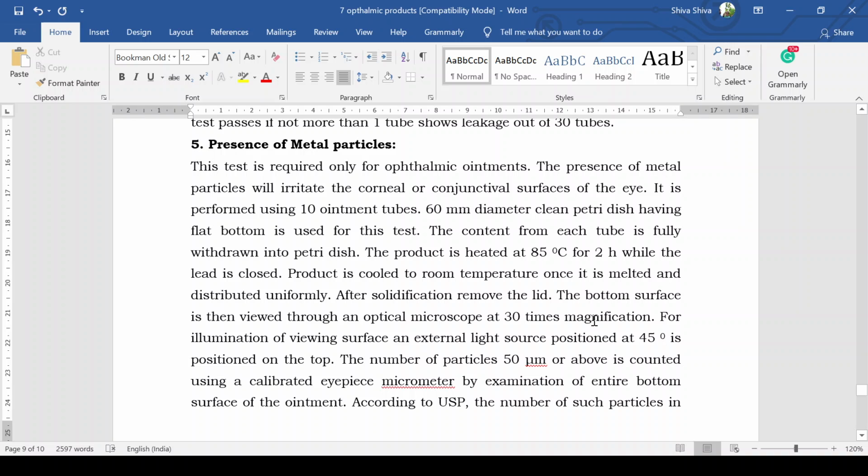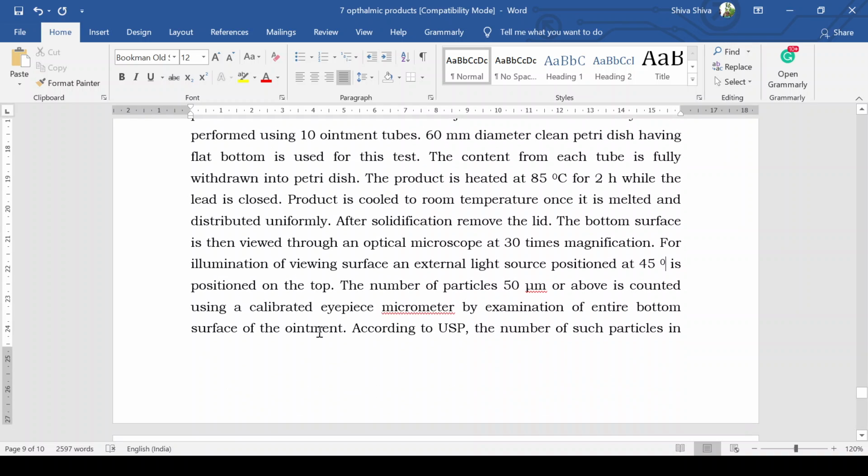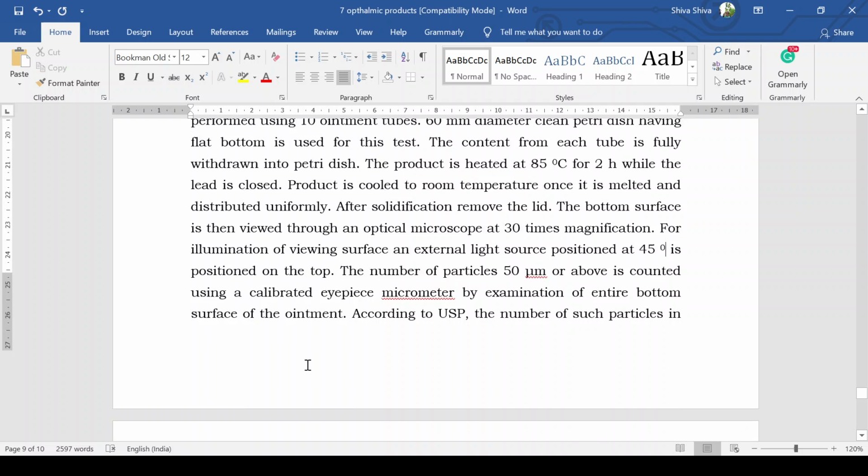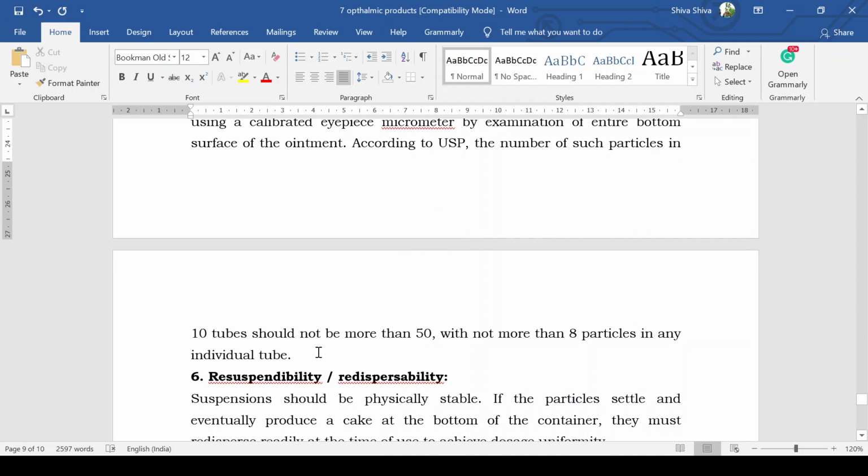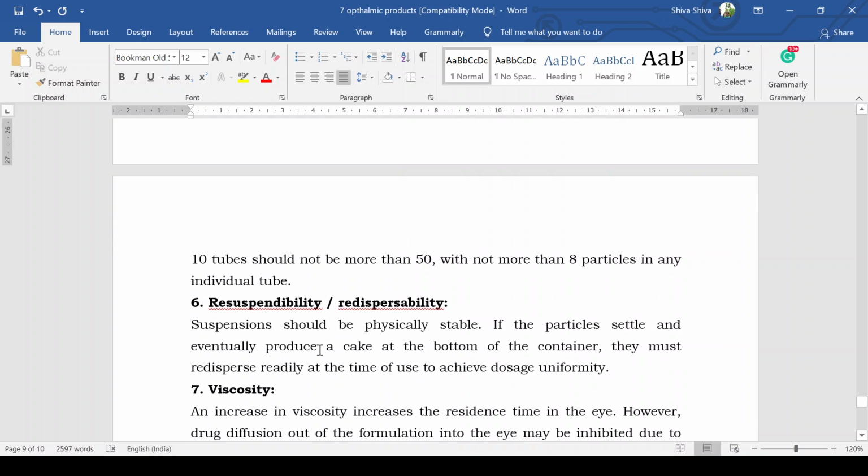The number of particles of 50 micrometers or above is counted using a calibrated eyepiece micrometer by examination of the entire bottom surface of the ointment. According to USP, the number of such particles in 10 tubes should not be more than 50, with not more than 8 particles in any individual tube.